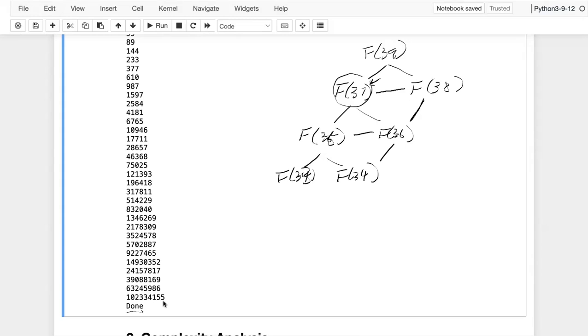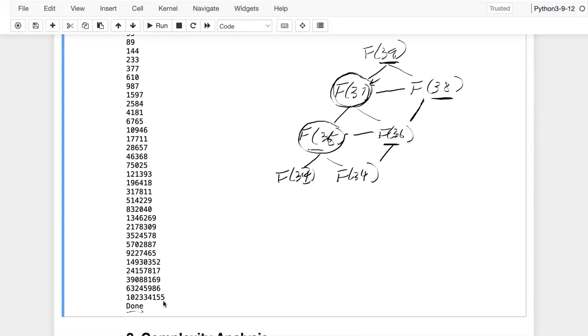So as you can see here, in order to compute 37, 37 will be used in 39 and 38, but 37 will have other subproblems. So these subproblems will be 35 and 36, and 35 will be used again by 36. So it's repeated.